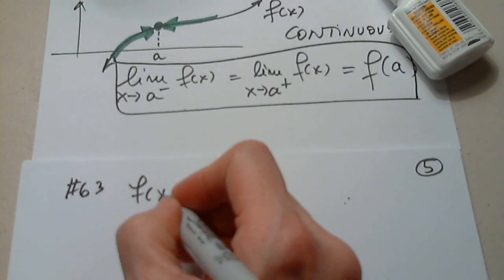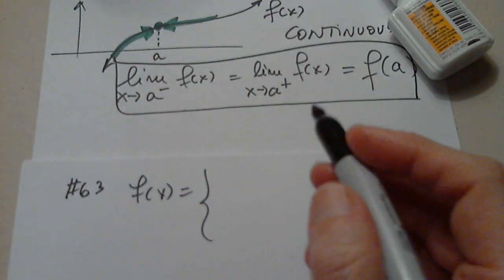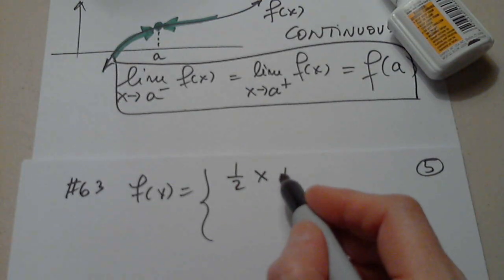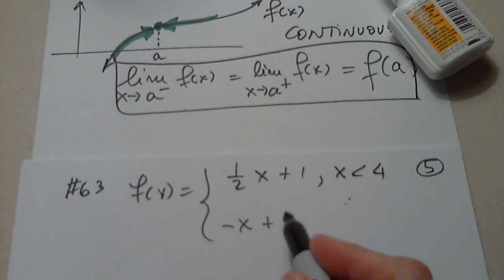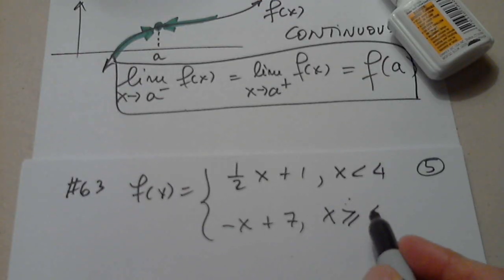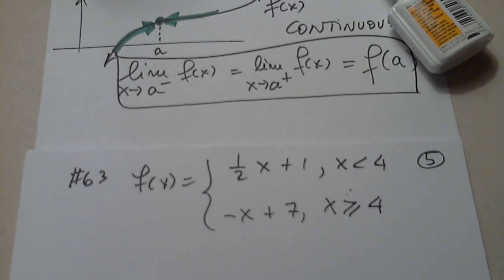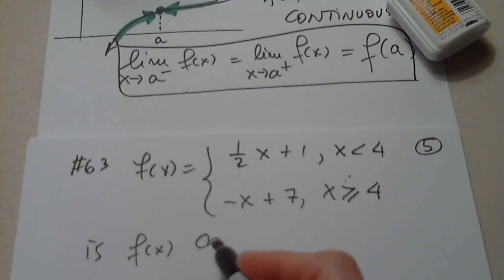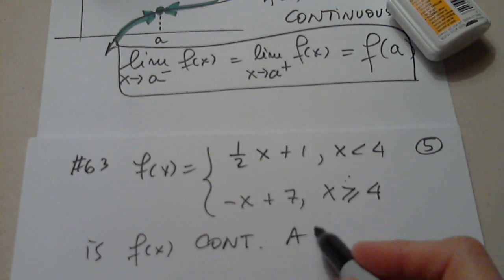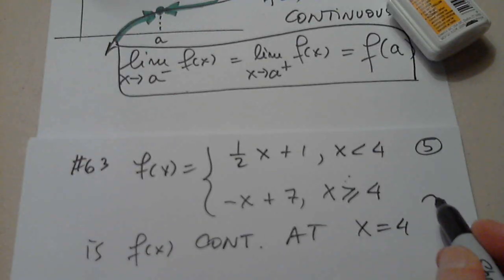So f of x is a piecewise defined function, 1/2 x plus 1 for x less than 4, and negative x plus 7 for x greater than or equal to 4. And the question is, is f of x continuous at x equals 4? That's our question here.